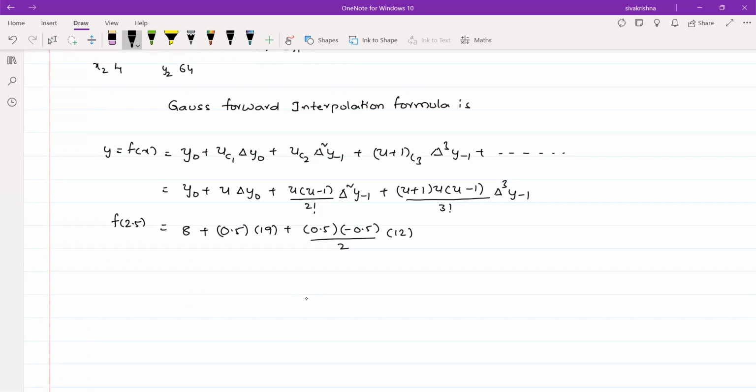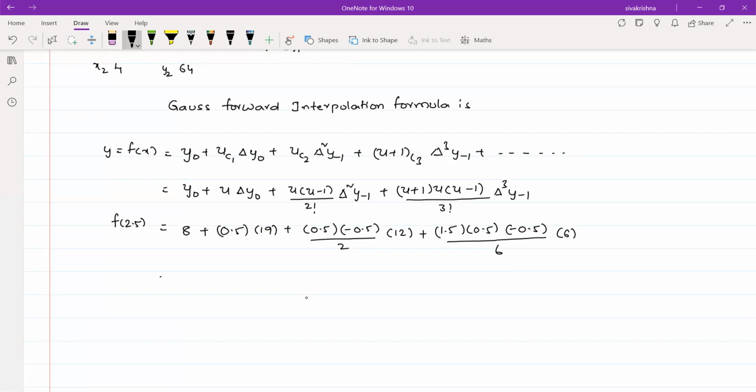Okay. After that, once again you have to write u plus 1. U plus 1 means 0.5 plus 1 gives 1.5. U is nothing but 0.5. U minus 1 is nothing but minus 0.5, by 3 factorial, which is 6, into delta cube. So the delta cube is nothing but 6. So we have substituted all the values.